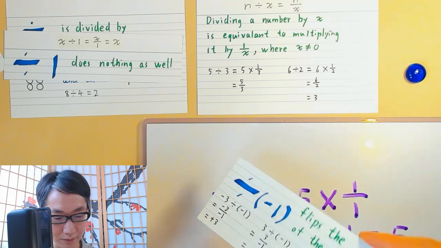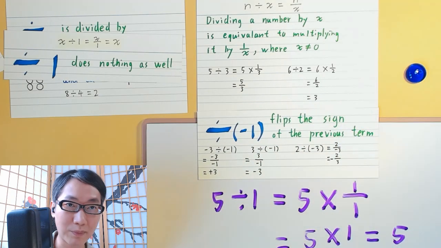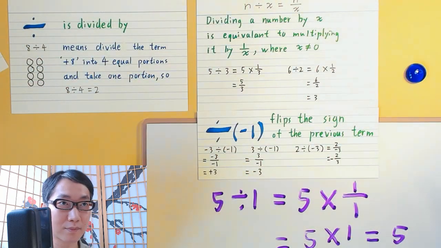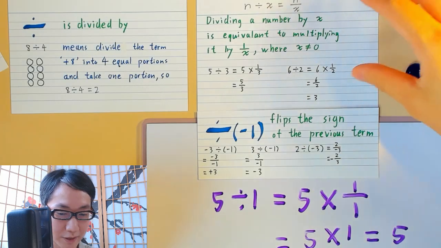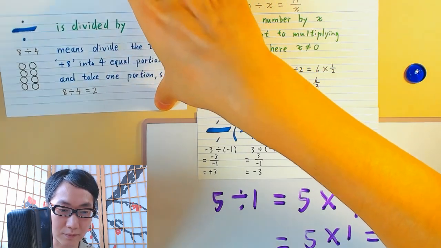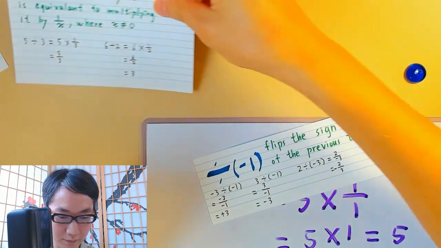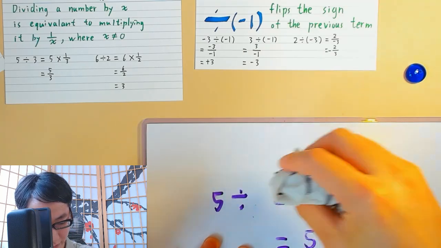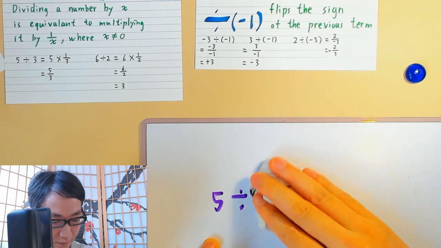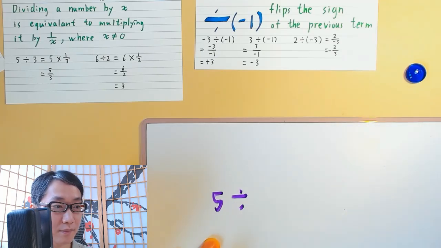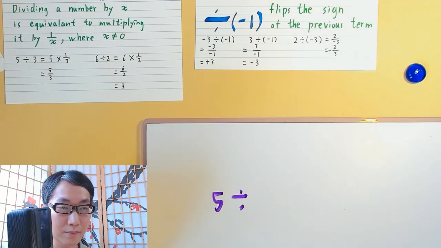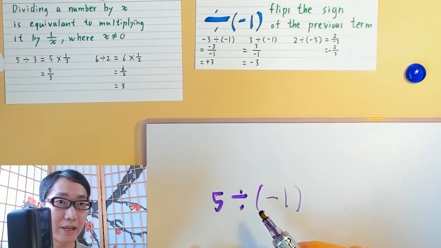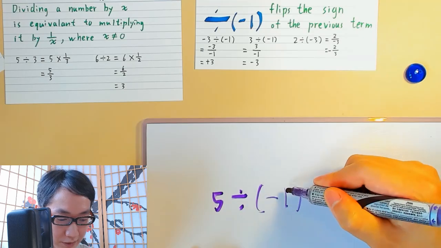In another instance, what if I divide something by negative 1? Let's say also a 5, now divided by negative 1. I use a bracket here because there are 2 operators next to each other.